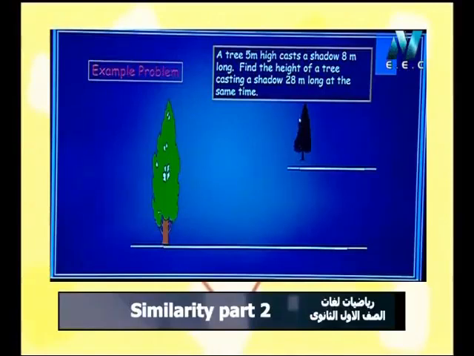This small tree has a height of 5 meters and makes a shadow of 8 meters, and this big one has height h and makes a shadow of 28 meters, at the same time.